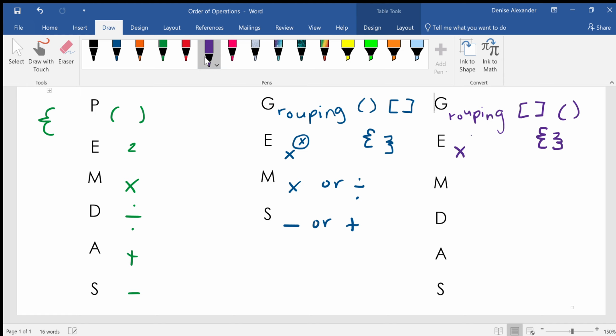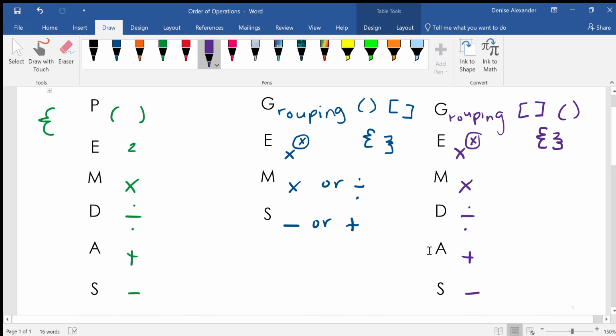Exponent is still the same. The problem college students have is they remember the multiplication, they forget about the division because it's not in GEMS. They remember the subtraction, but then they forget about the addition. So now we have GEMDAS, so everybody remembers all the steps.